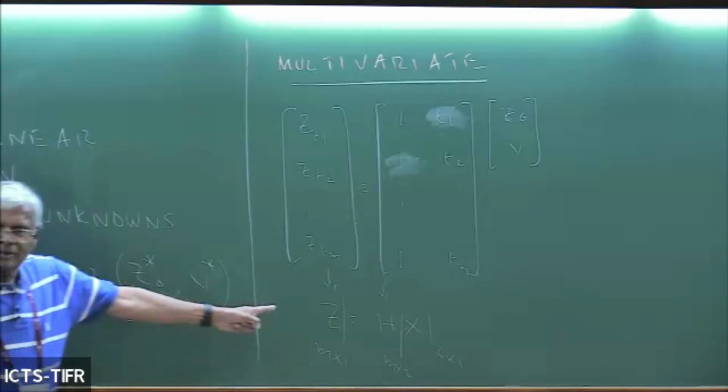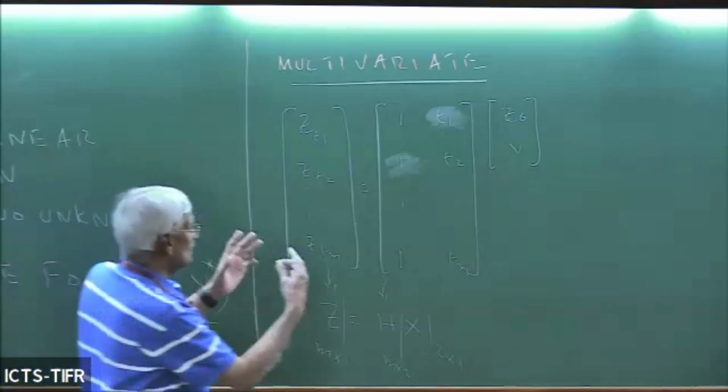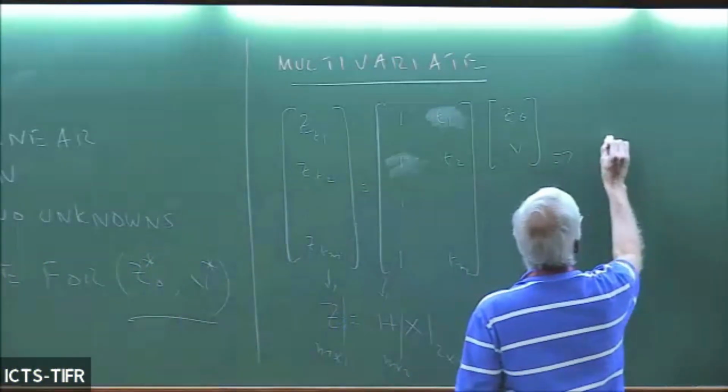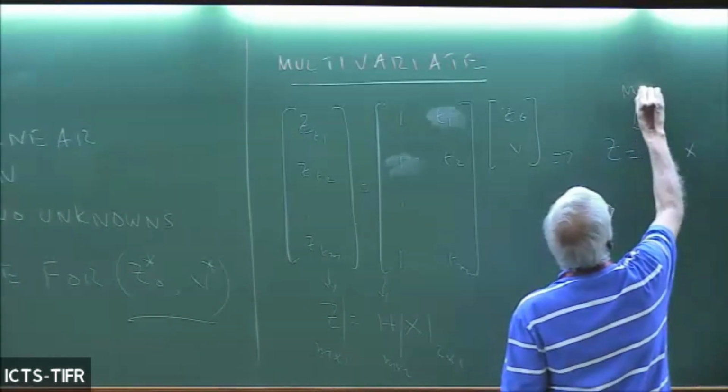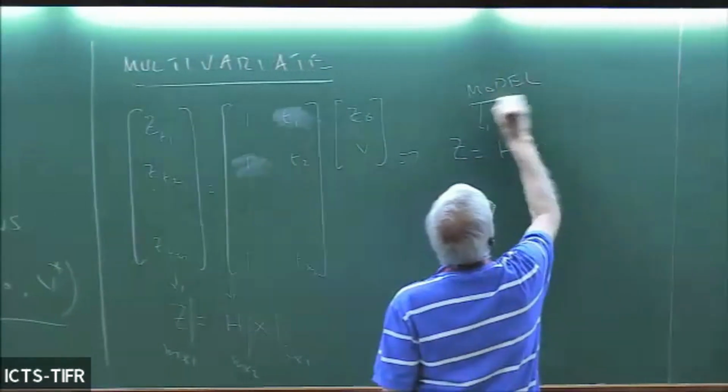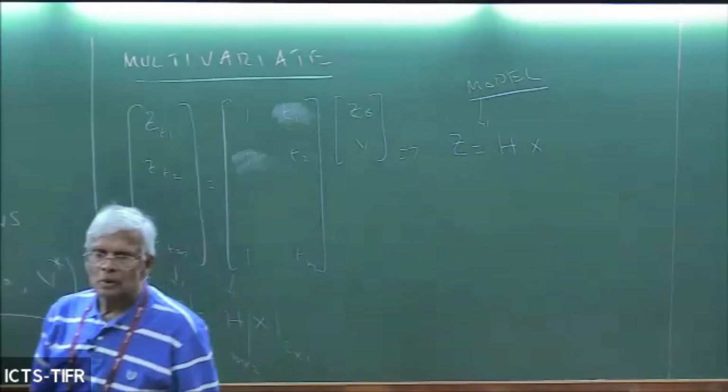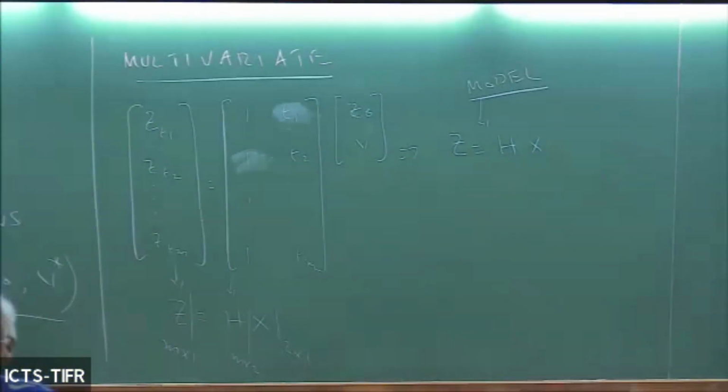You need linear algebra. So how am I going to rewrite this? This can be rewritten as Z is equal to HX. That's my model. That's a linear model with two unknowns.